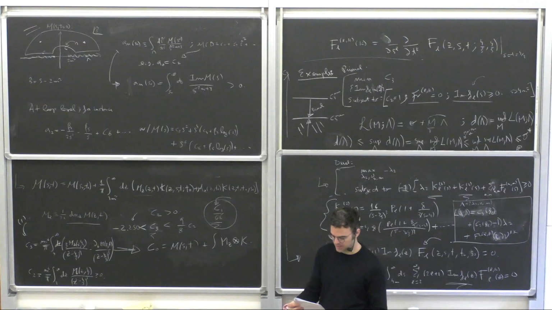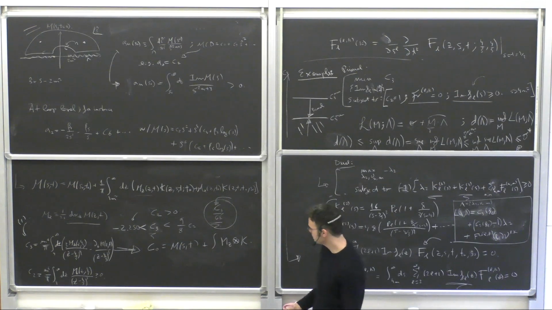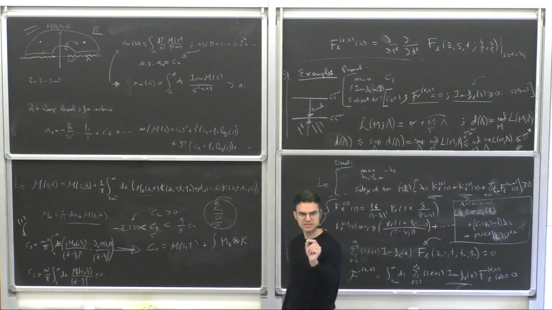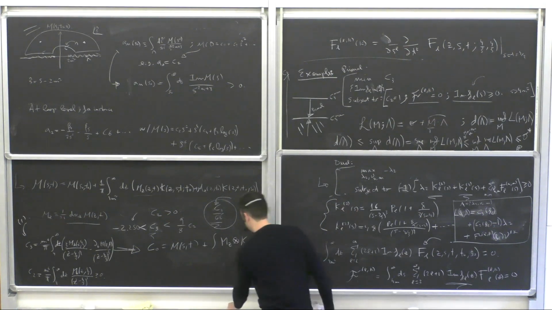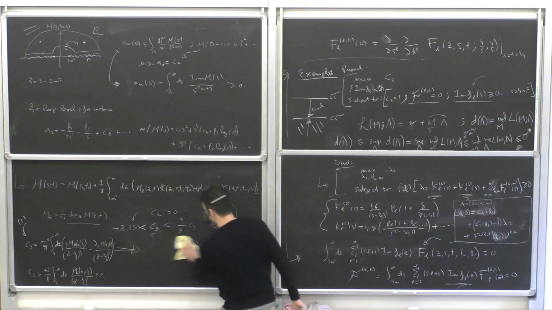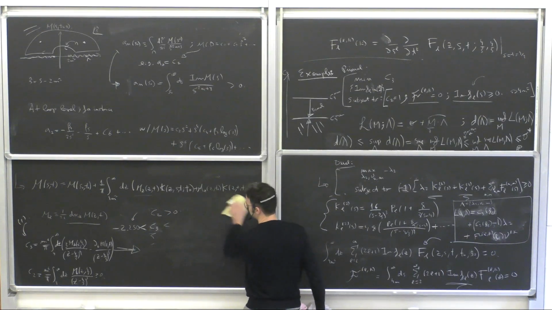I include a two-dimensional example of a theory for which we know the exact S-matrix, okay? And then it's fun to play around and see how C2 comes out positive. You will see full details in the notes, okay?